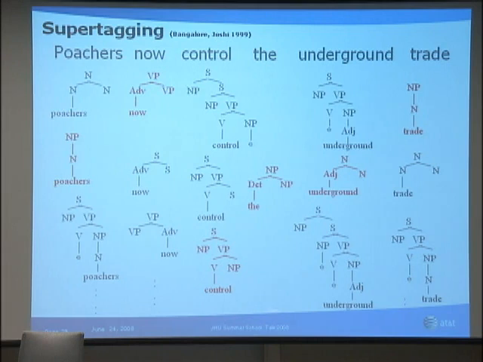As soon as I tell you that this is the right tag for the word control, then you know that it needs an NP to the left and an NP to the right, a noun phrase to the left and a noun phrase to the right. And you can go looking for it and easily get hold of it. Most of the parsing problem gets solved that way.